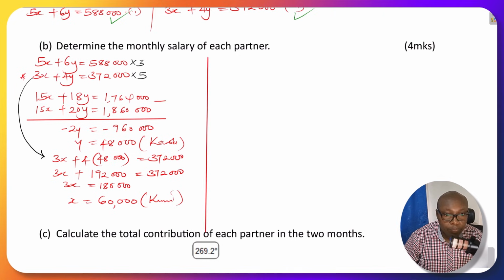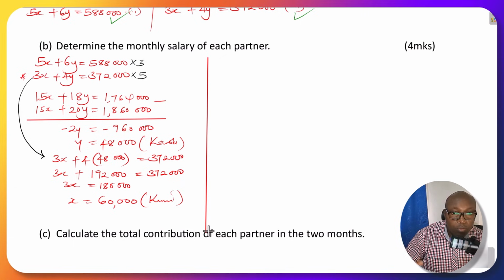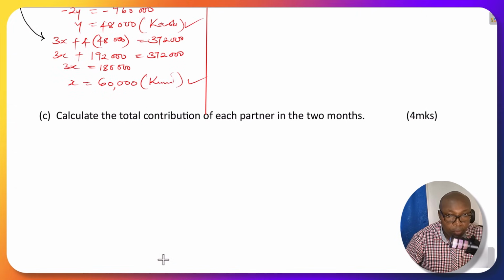Now from there, I think we've obtained the monthly salaries of each of the partners. But we need to calculate the total contribution of each partner in the 2 months. So we can start with the first one, Kirui.